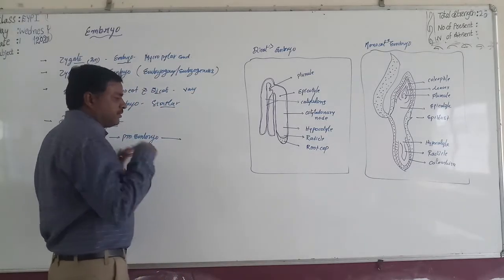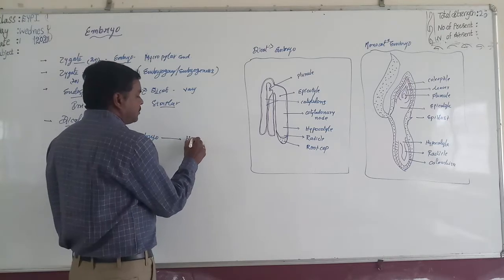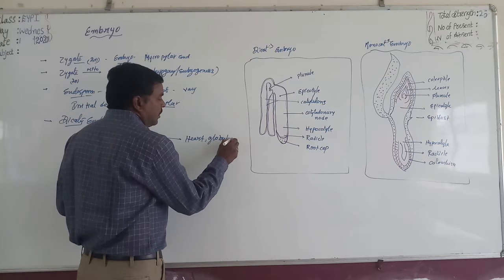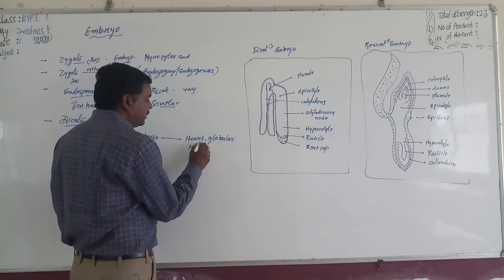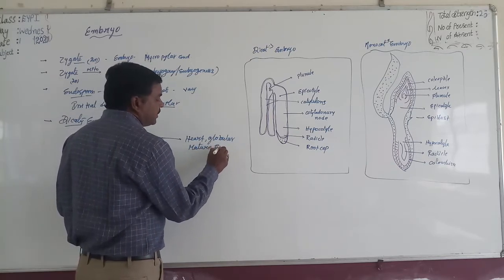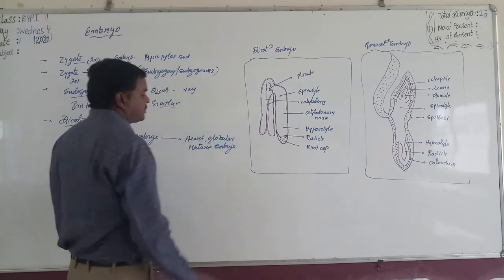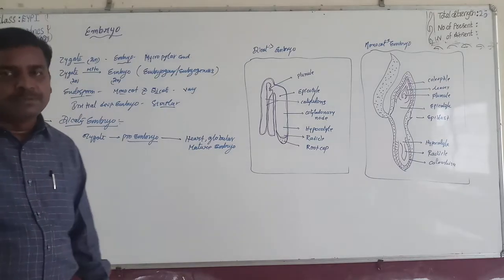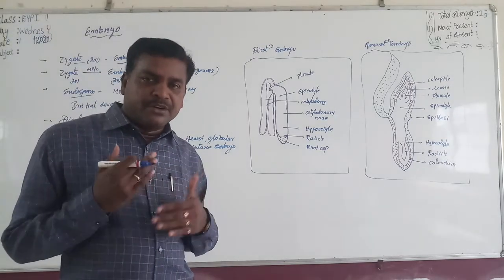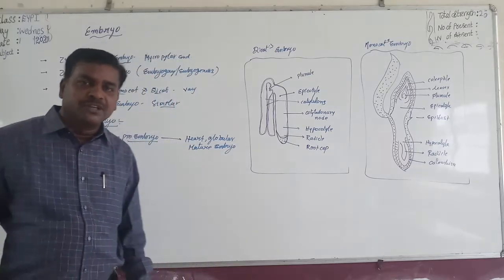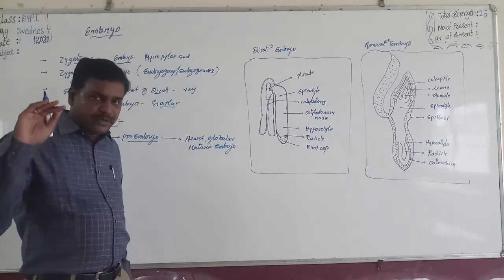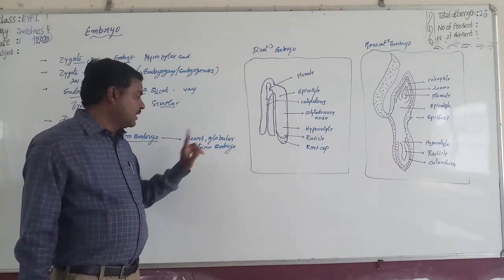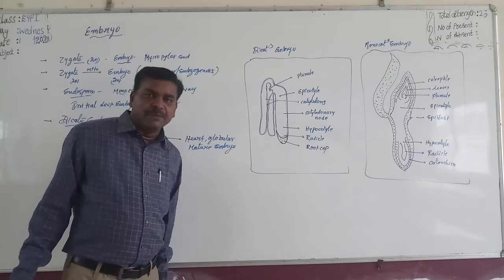This pro-embryo develops into heart-shaped and globular stages and then the mature embryo. So first the zygote develops into the pro-embryo, the immature embryo, which subsequently develops into the mature embryo, heart-shaped and globular.